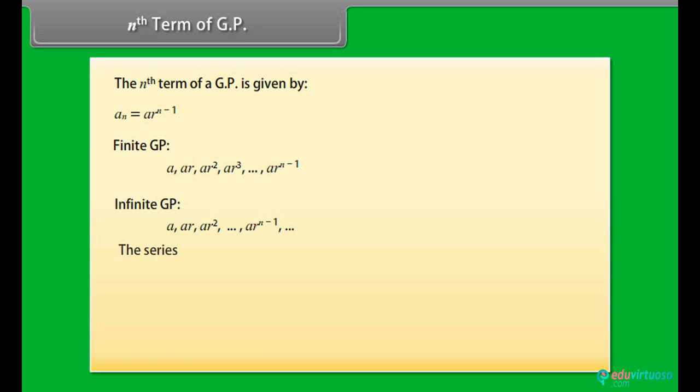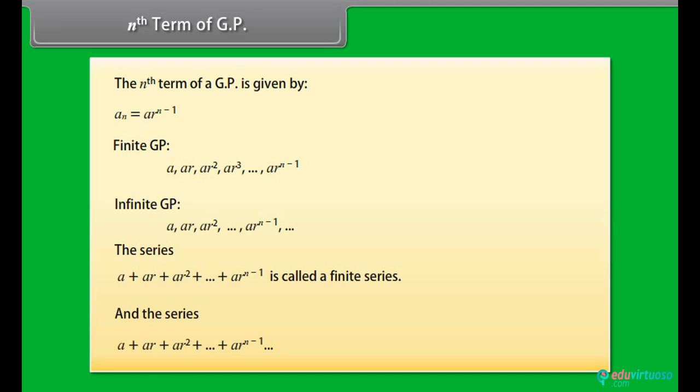The series a plus ar plus ar square plus so on till plus ar raised to the power n minus 1 is called a finite series, and the series a plus ar plus ar square plus so on till plus ar raised to the power n minus 1 and so on is called an infinite series.